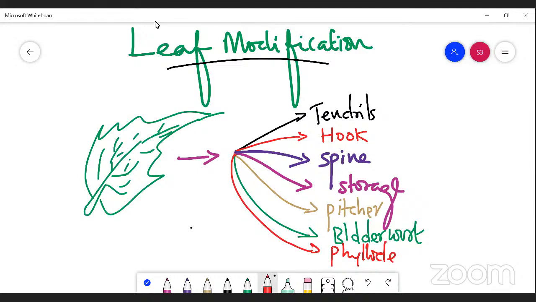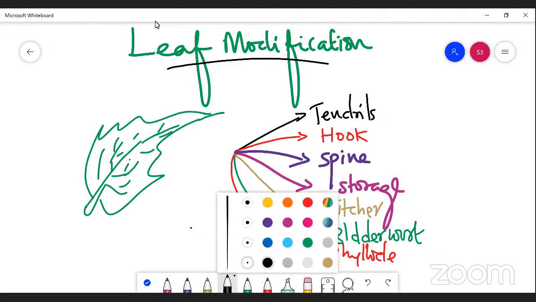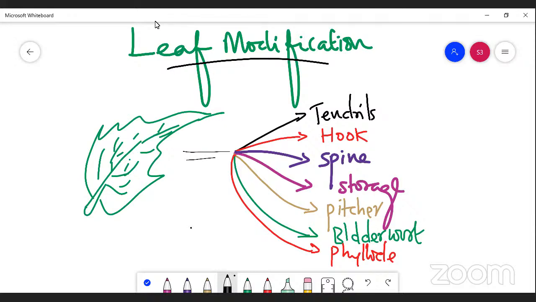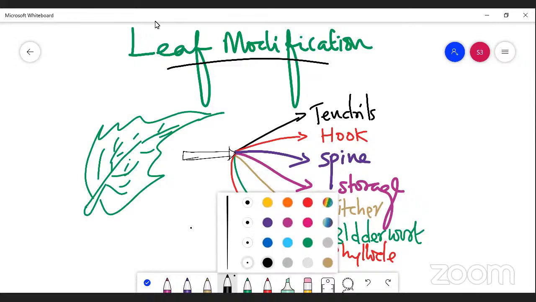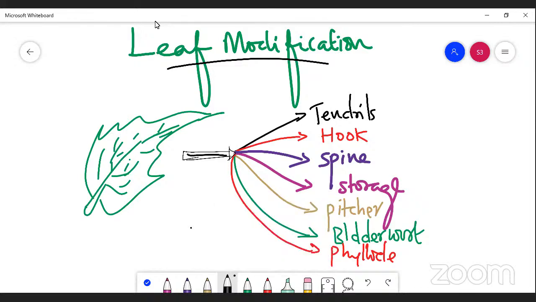My dear students, please understand, it is a very easy and very interesting area to concentrate on. Simply, these leaves are modified into different kinds. The flattened portions are sometimes modified.